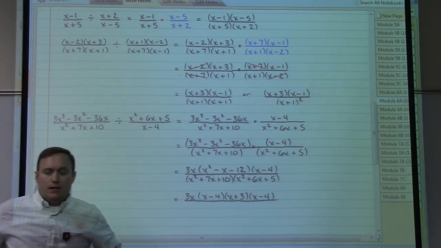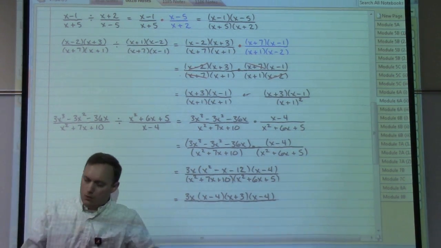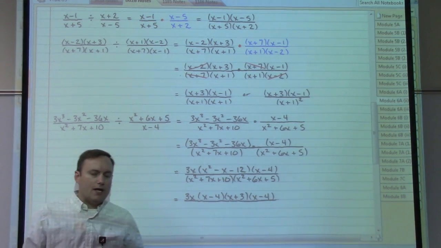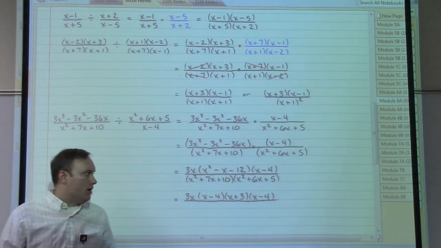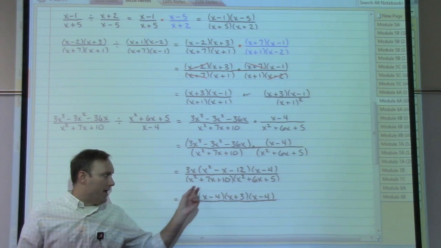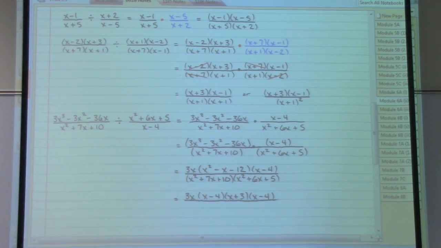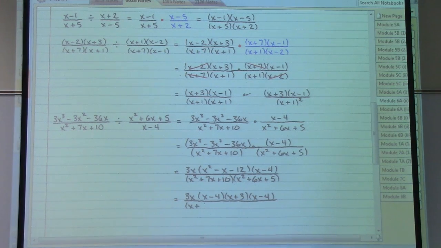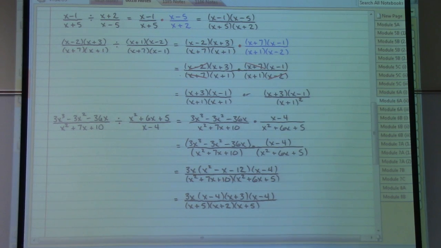Each of those denominator expressions have 3 terms, so yet again, 2 more occasions of working through our AC method to come up with the factors. The x squared plus 7x plus 10 would be factored as an x plus 5 times an x plus 2. The x squared plus 6x plus 5 would be factored as an x plus 5 times an x plus 1.